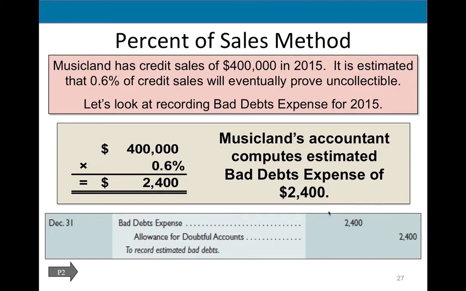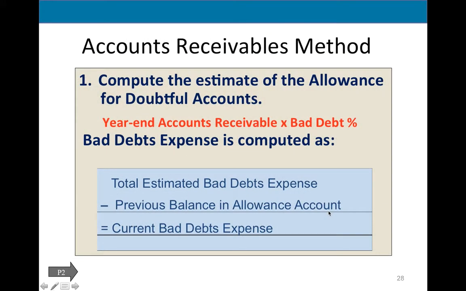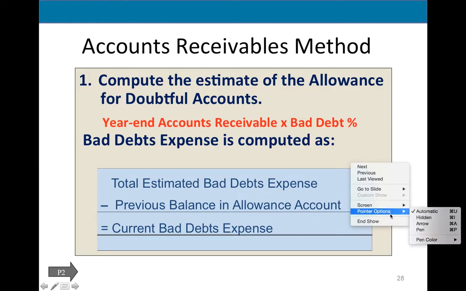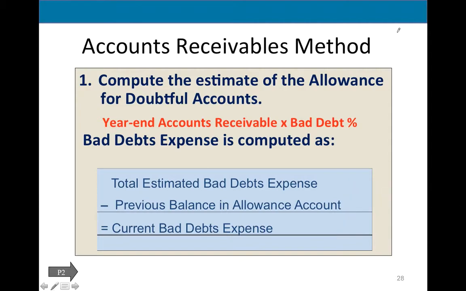So it's very simple. Now, the accounts receivable method has two steps. You will be given the percentage now of AR that you think will not be collectible. So you take AR, multiply by the percent. That's the first step. And you cannot plug it in.